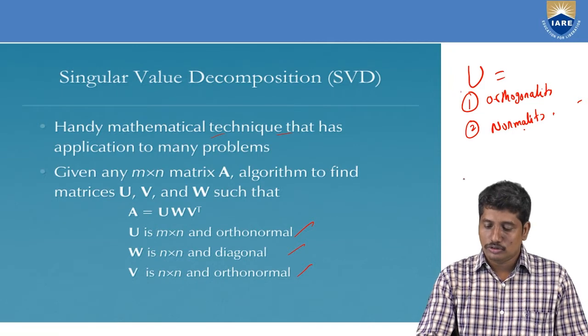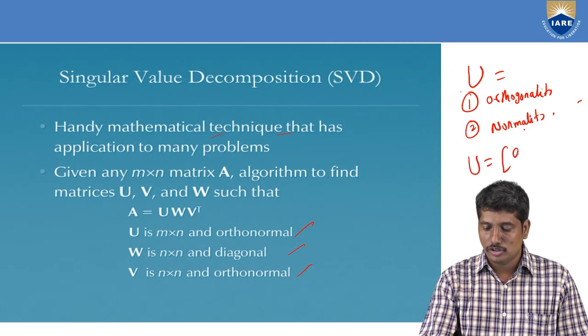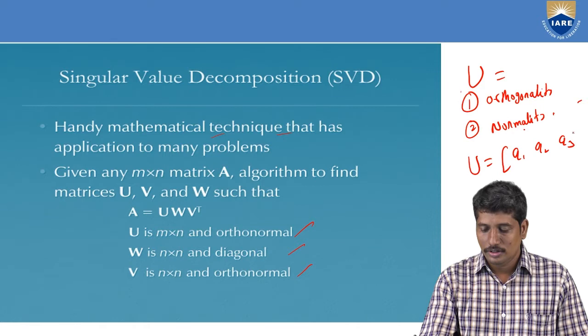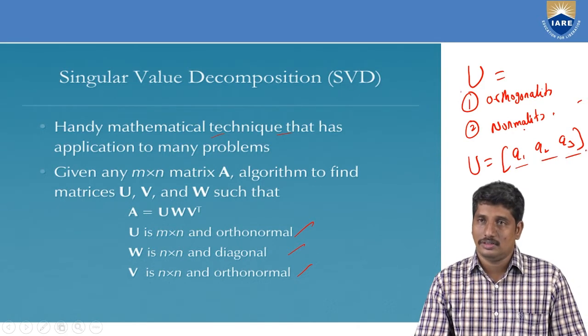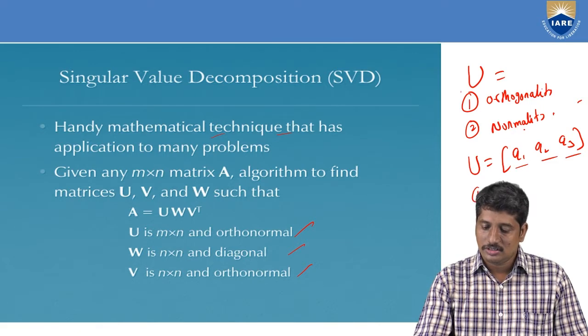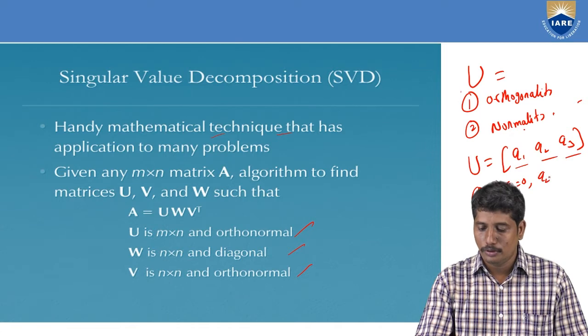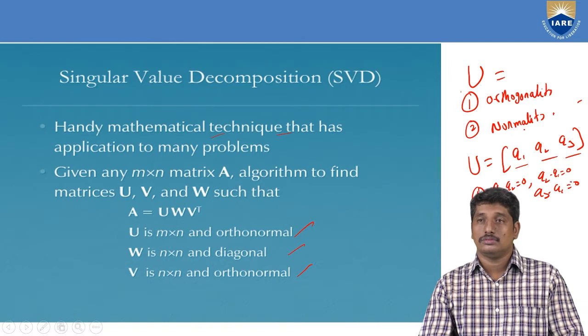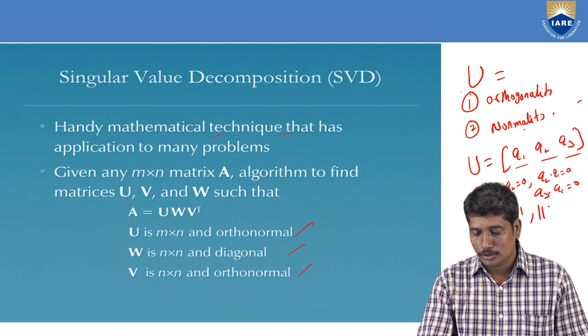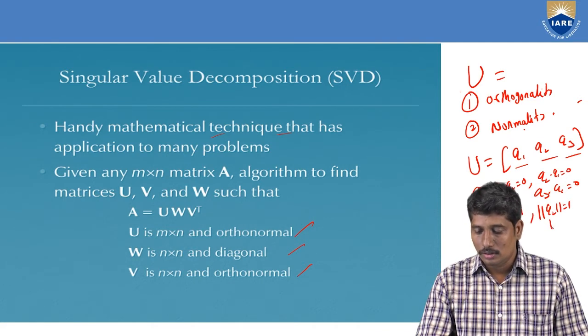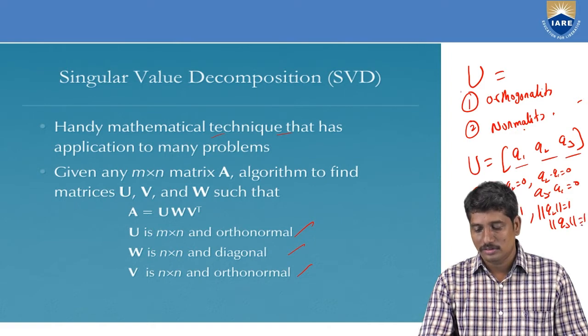What is orthogonality? Suppose U is a matrix of 3 columns Q1, Q2, Q3, where Q1 is the first vector, Q2 the second vector, and Q3 the third vector. Orthogonality means Q1 dot Q2 is 0, Q2 dot Q3 is 0, and Q3 dot Q1 is 0. And unit normality means norm Q1 is 1, norm Q2 is 1, norm Q3 is 1.